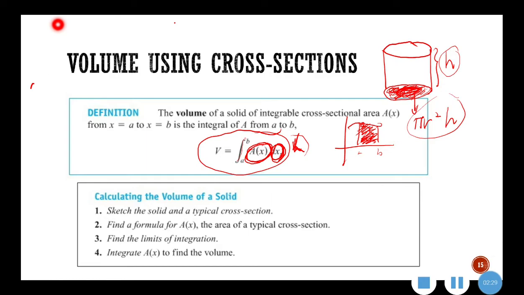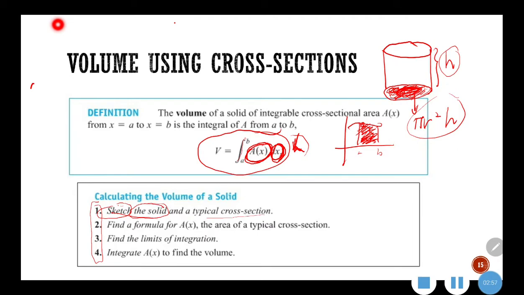So here in summary, these are the 4 steps to calculate the volume of a solid. The first step, you must sketch the solid and a typical cross section. When we sketch the graph, of course first we have to sketch the curve, then from there we can get the solid, and from there we can see a typical cross section.